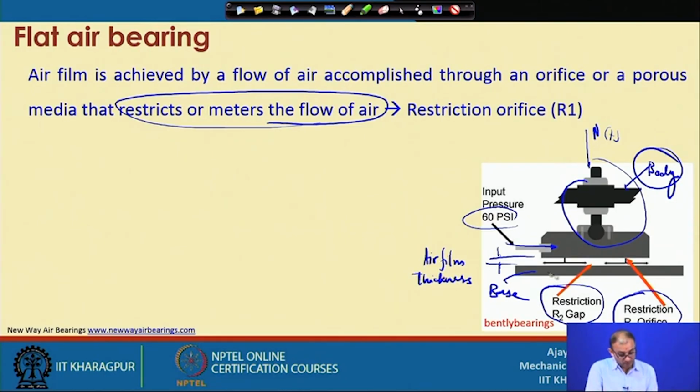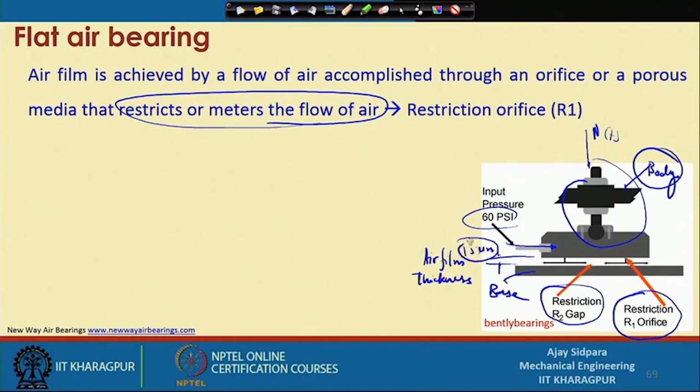Correct. So, if you want to maintain a particular air film, suppose you consider an air film thickness of 15 micron and your load is variable, then you have to restrict the supply, or meter the flow, in such a way that even if there is a variation in the load, you always maintain that thickness by maintaining a particular pressure, because we know the area available at this location.